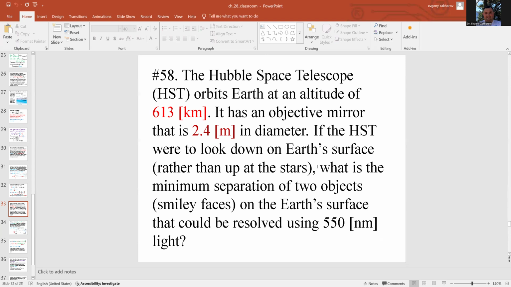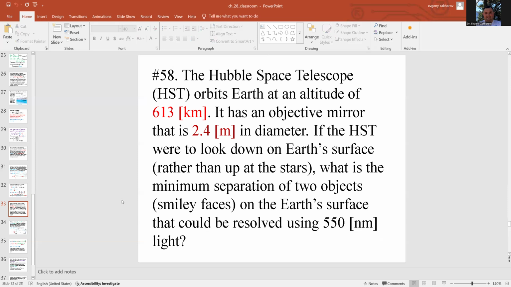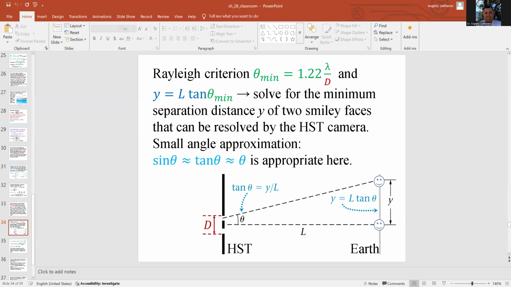So, if the Hubble Space Telescope were to look down on Earth's surface rather than at the stars, what would be the minimum separation of two objects, say two smiley faces, on the Earth's surface that could be resolved using 550 nanometer light? 550 is just a random number. You can use any other color. Those wavelengths that you see here are just colors of light that we collect with our own eyes.